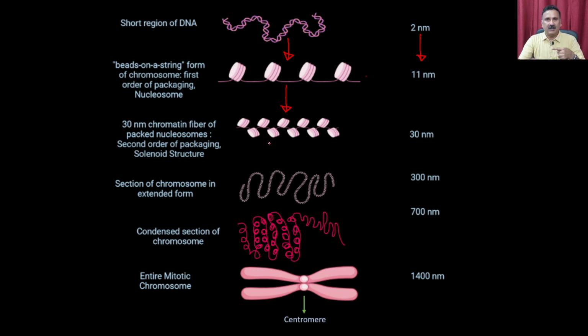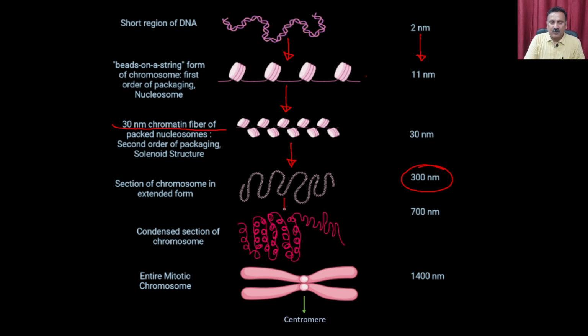The DNA is going to be folded again, and that's how you're going to have the 30 nanometer chromatin fibers. Then these 30 nanometer chromatin fibers are going to be further organized to form the 300 nanometer fibers, in which these solenoids are again folded onto each other.